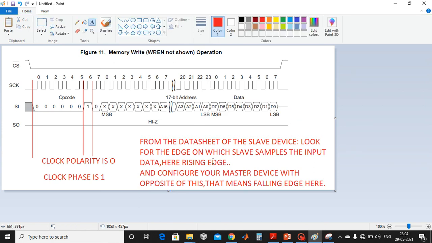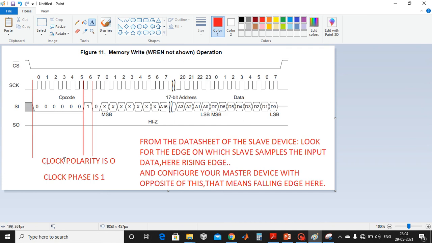So this purpose will be fulfilled indirectly when you configure a correct polarity and correct phase. Here we have seen from the timing diagram that clock polarity is 0 and clock phase is 1.